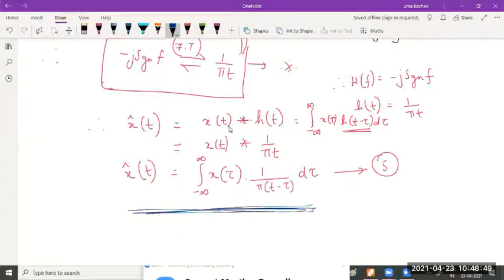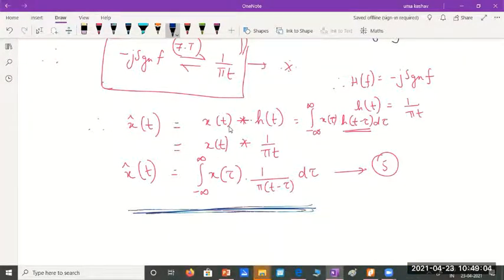So all the components of the input signal should be provided with a phase lag of 90 degrees. Then we get its Hilbert transform. And the expression for the Hilbert transform in the time domain is, we'll call the signal x cap of t. I told you the reason for this cap is that it indicates a right angle.